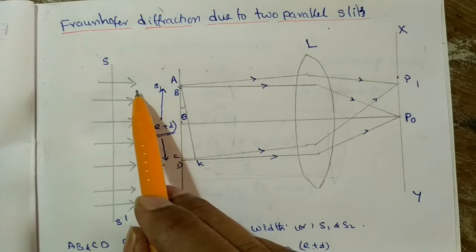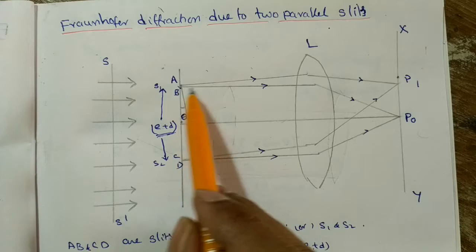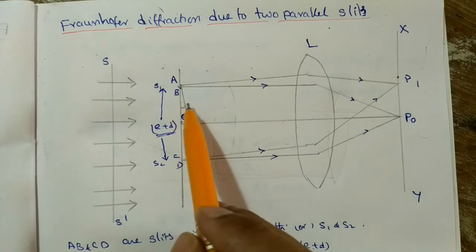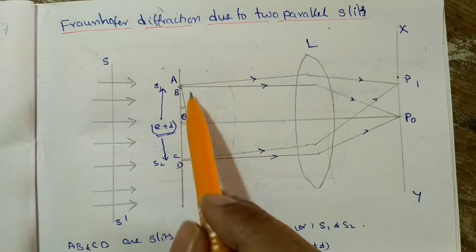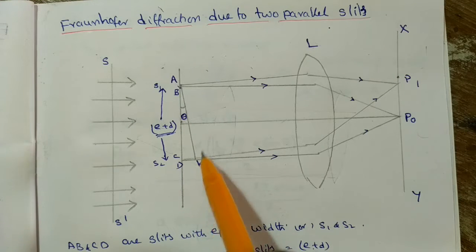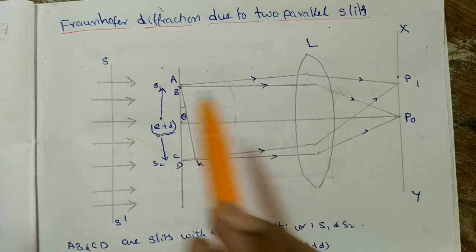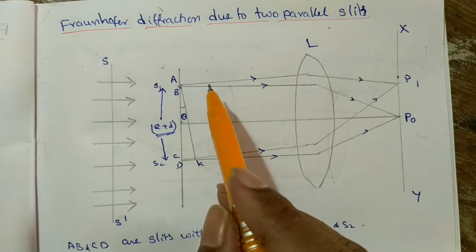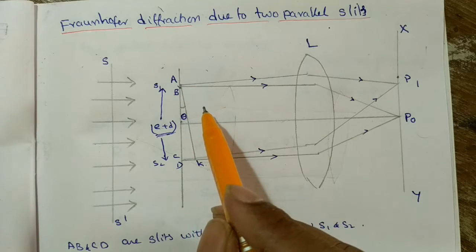Now a monochromatic light enters from this slit. It contains one wavefront, and CD gives one wavefront. Here we have to find the superposition of these two wavefronts. Each wavefront consists of a number of secondary wavelets.